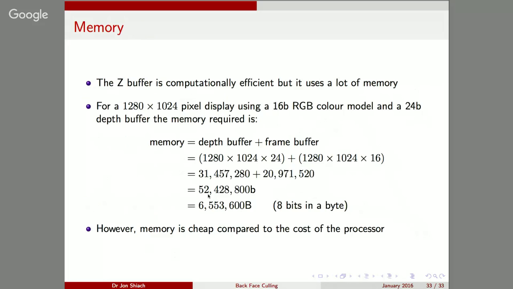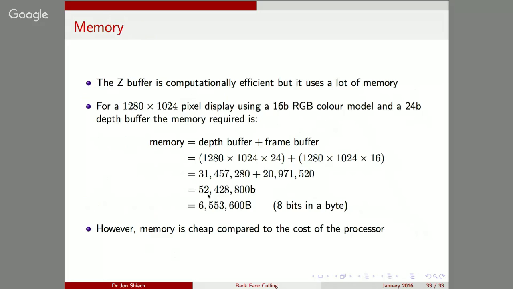We tend to convert bits to bytes, because that's what microprocessors work in. So this is 6,353 bytes, which is roughly 6.5 megabytes, depending on whether you use 1,024 or 1,000 bytes in a megabyte.